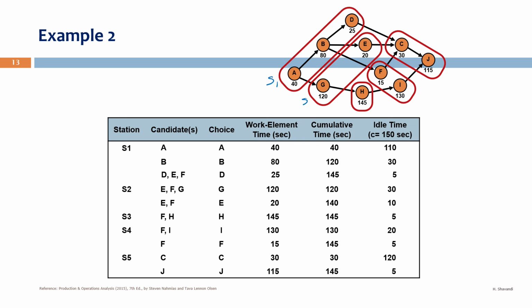Workstation 2 includes G and E, and then S3 just includes H because of its time. It's 145 seconds, just 5 seconds less than the cycle time. Then at S4 we have assigned I and F, and S5 includes C and J. Okay, we are done on this example, and this is our final solution.